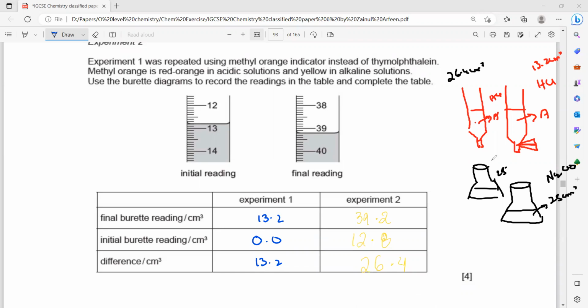We did not change the reactant. The only thing we changed was the indicator. By changing the indicator, it can also affect the volume of acid and alkali, the ratio, because indicators are usually weak acids as well. So they can alter how much volume of acid will completely react with an alkali. The type of indicator will also affect how much you need. So this was 39.2, this one is 12.8, and the difference was 26.4.